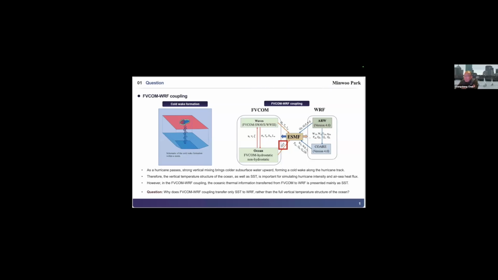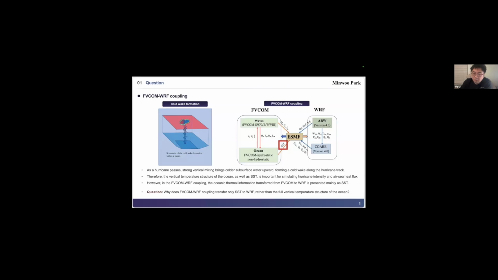Minwoo Park, I think this is a good question, and you're absolutely right that the ocean vertical temperature structure and the ocean heat content are both important for hurricane intensity simulation.